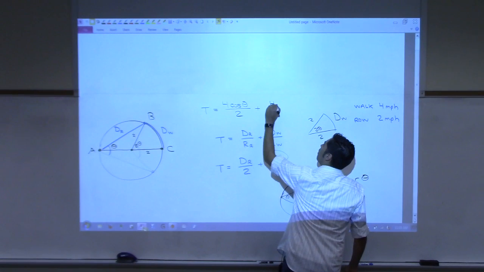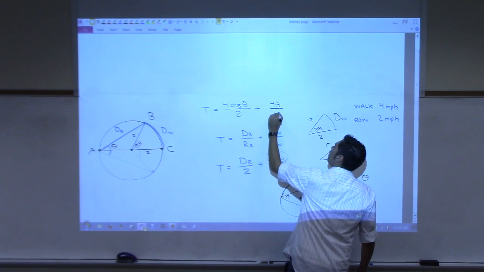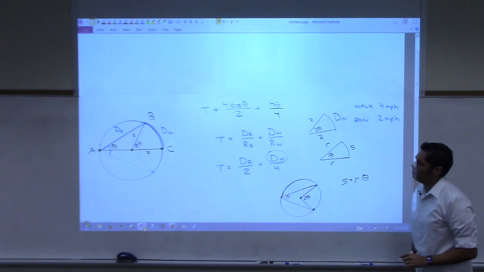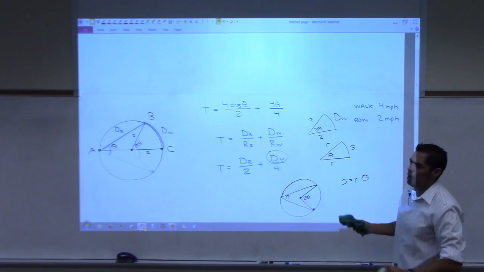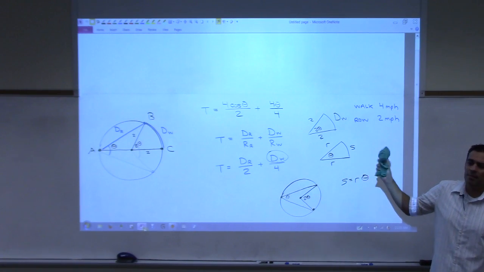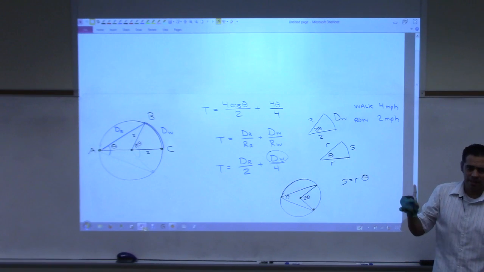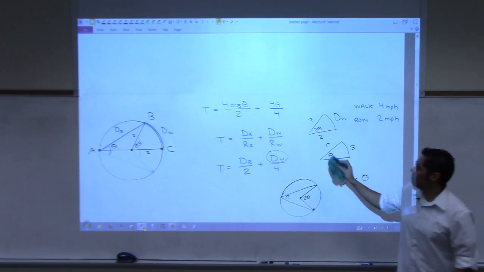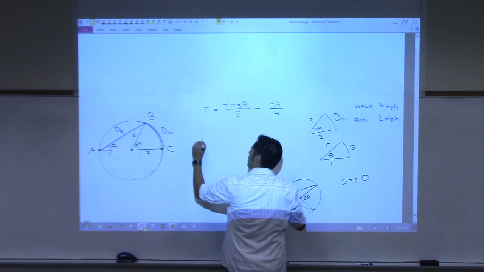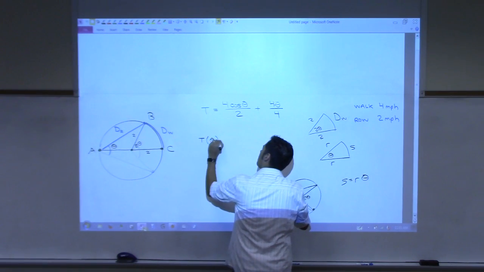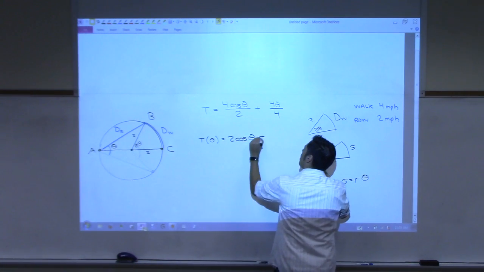Four theta over the rate that she walks, which is 4, which is going to simplify to just be theta. But now what we have is our time. We have a time equation, right? That equation depends on a single variable, and that's the angle theta. So I'm going to now write the time as a function of theta. T of theta is 2 cosine theta plus theta.